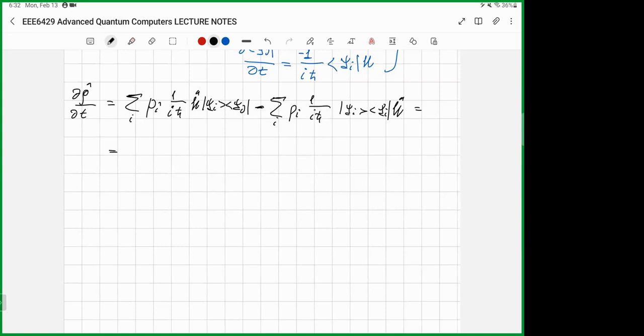So now I notice that I have these common terms here and here, right? I can take them out from the brackets. So it will be i h bar, sum over i, then pi.